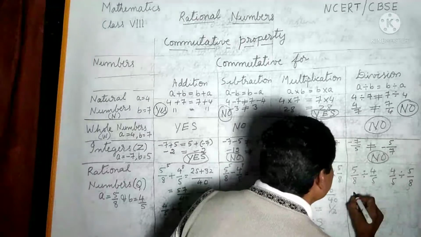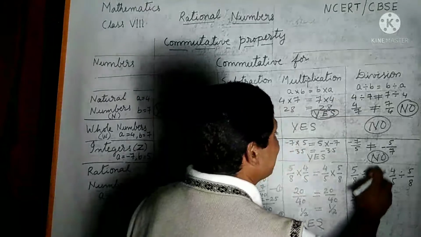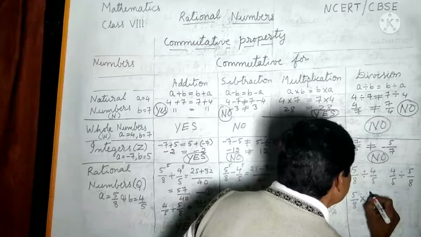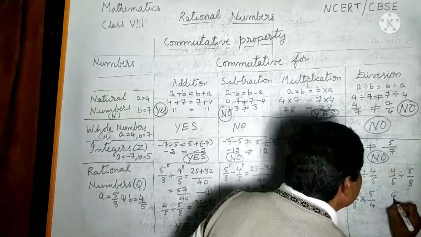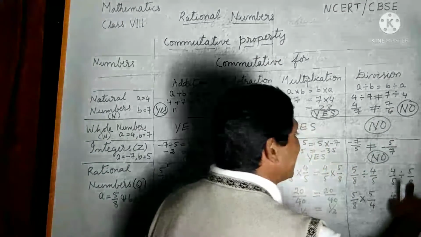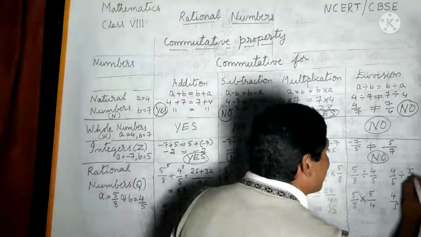Now let us write 5 by 8 into, let us take the reciprocal. This becomes 5 by 4, and when we take the reciprocal we change the sign of division to multiplication, and it will become 8 by 5.